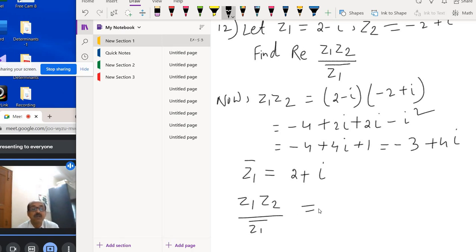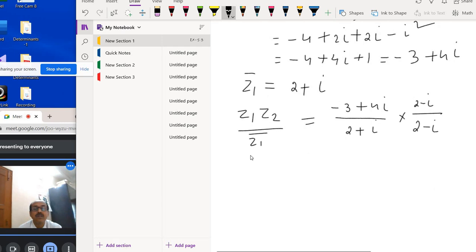So z1 z2 means minus 3 plus 4i and z1 bar means 2 plus i. Okay. Now multiply both sides by 2 minus i, so 2 minus i by 2 minus i.